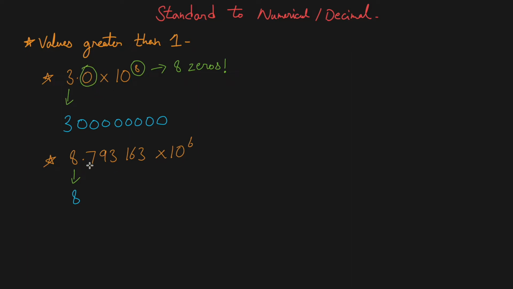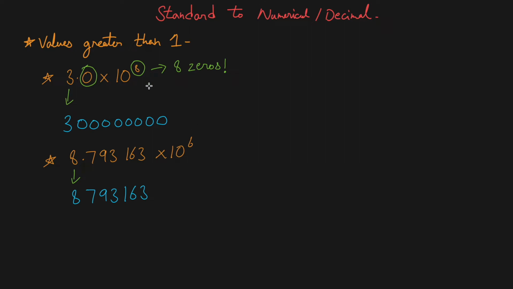In this case we will not neglect these digits, and we will write them down beside 8. So the digits will be written 8, 7, 9, 3, 1, 6, 3.